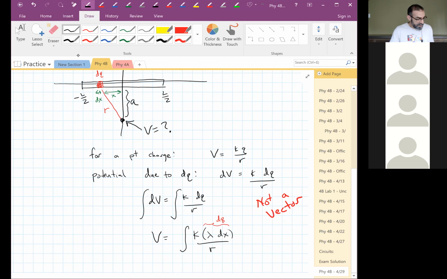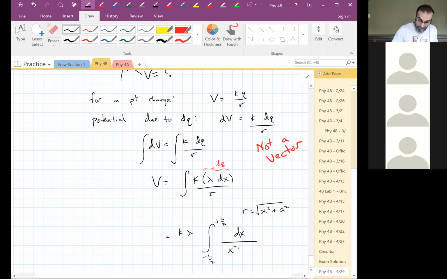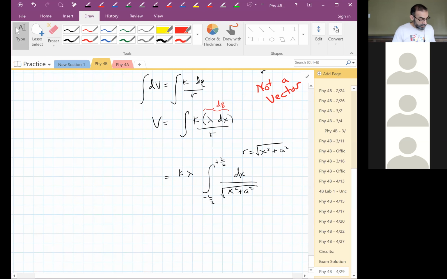So what do we do? We plug this in. r is the square root of x squared plus a squared. Lambda and k are constants. We are integrating over the charge distribution in the x direction, so it goes from minus L over 2 to plus L over 2. And that's our integral.